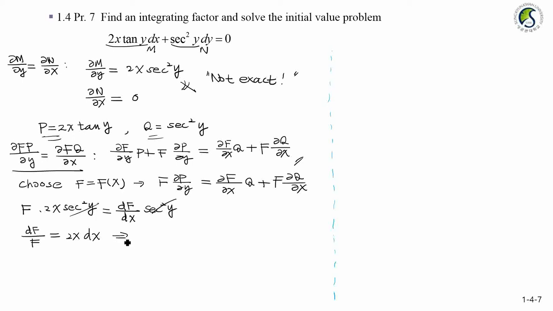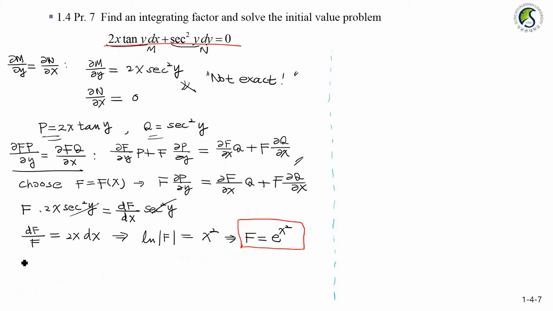Since it's separated, we have to do the integration on both sides. So ln f is x squared. So from here, simply writing f equals e to the x squared. That's our integrating factor to make this equation exact.